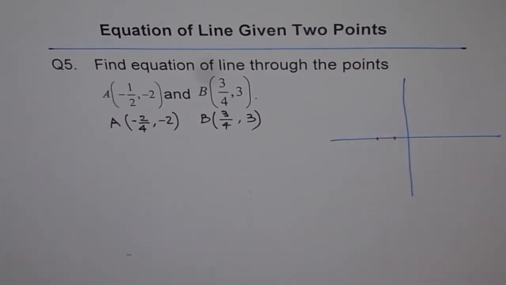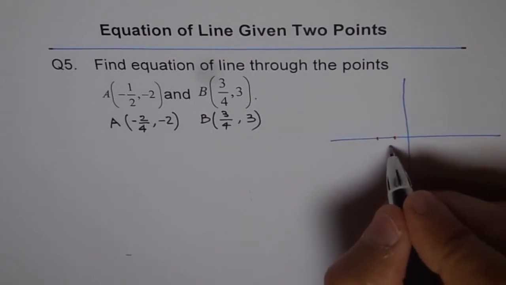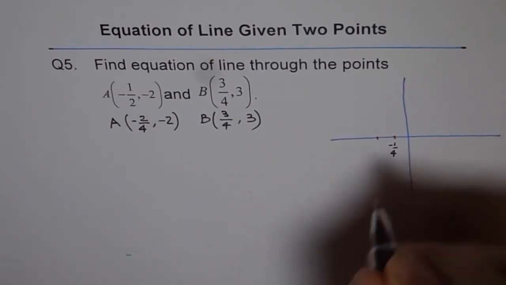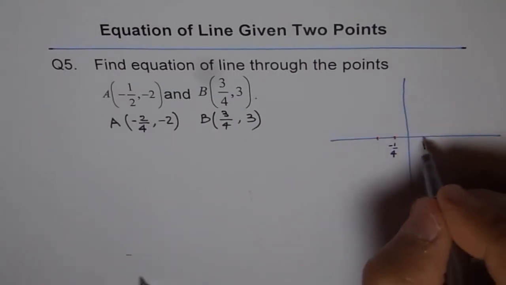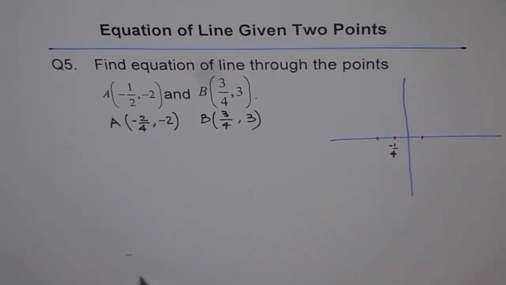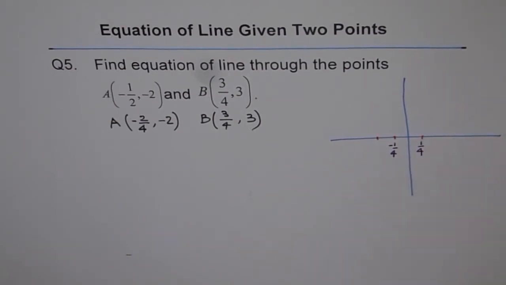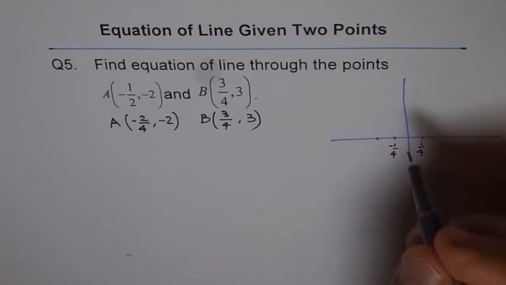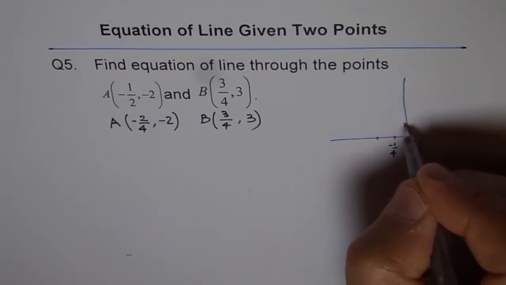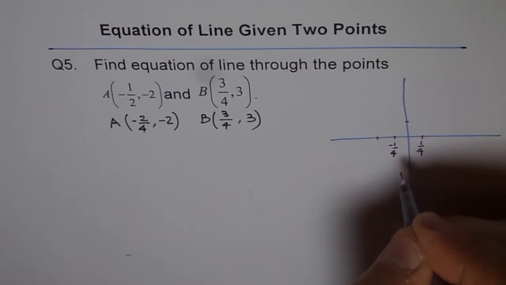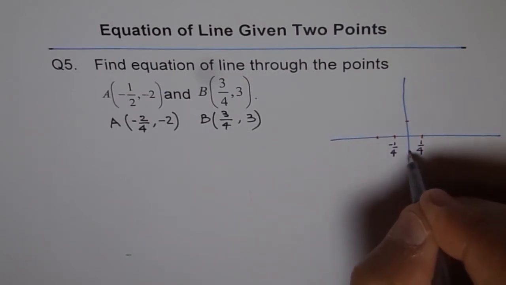So being practical, what I will do here is use a scale like this. My x-axis scale is 1/4, let me write 1/4 on both sides. And my y-axis scale will remain as 1. I can take slightly bigger ones just to be convenient.